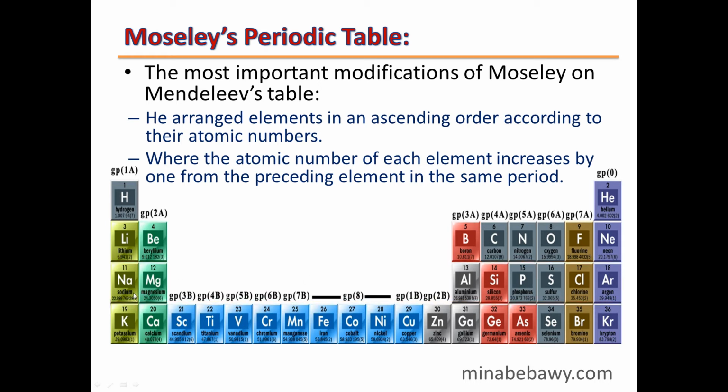This is the most powerful advantage of Moseley's periodic table. We can predict the atomic number of an element only by knowing its position in his table, because the atomic number increases from left to right in a uniform way.